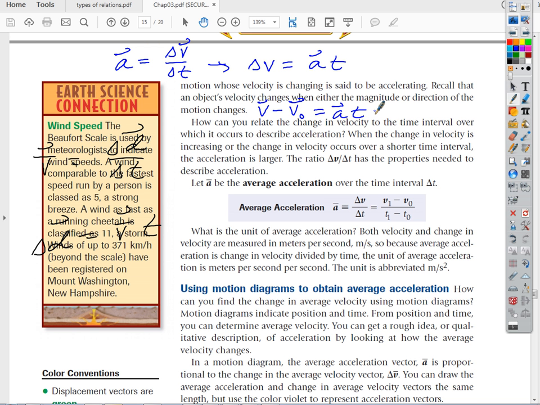But wouldn't it be slick if we could just solve for our final velocity in terms of our initial velocity, our acceleration, and our time? Well, we can. All we have to do is add that term to the other side, and we get another kinematics equation: V equals V0 plus AT, right?